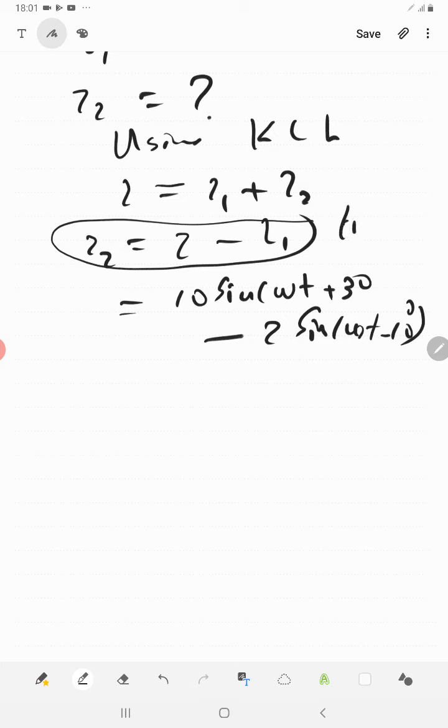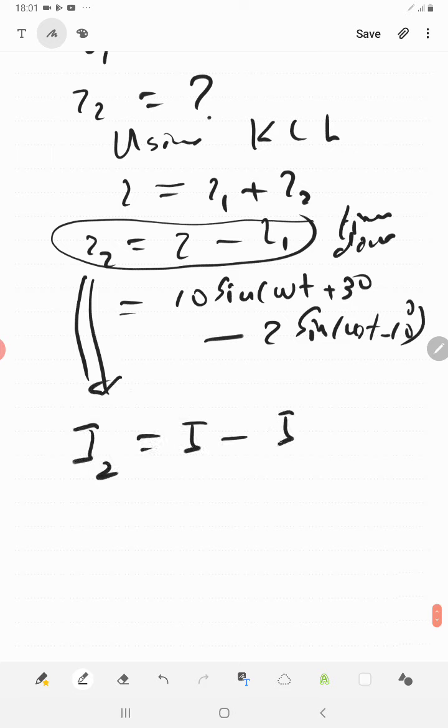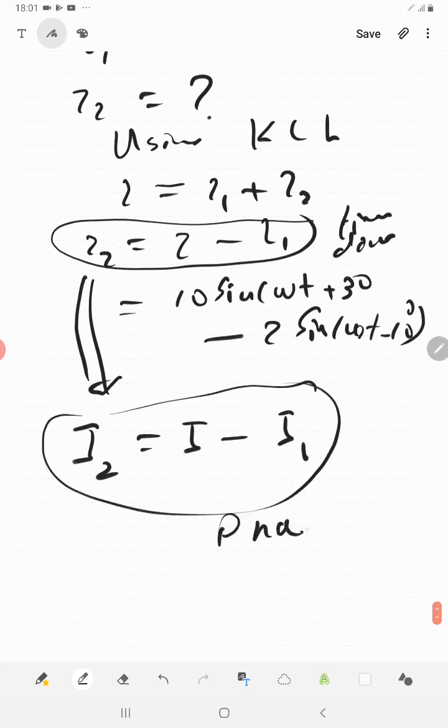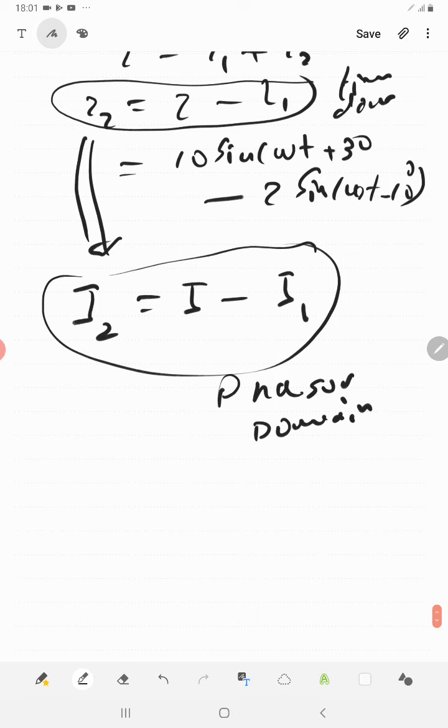This is the time domain. We can transfer it to the phasor domain, so we change the time domain to the phasor domain.